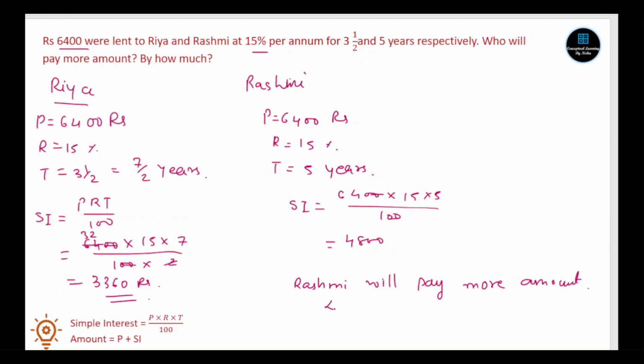So, you can simply subtract this to get your answer, okay? As the principal is same, if you find the amount and then subtract, the answer will be same. So, what you will get? 1,440 rupees. She has to pay more. Correct? Alright.